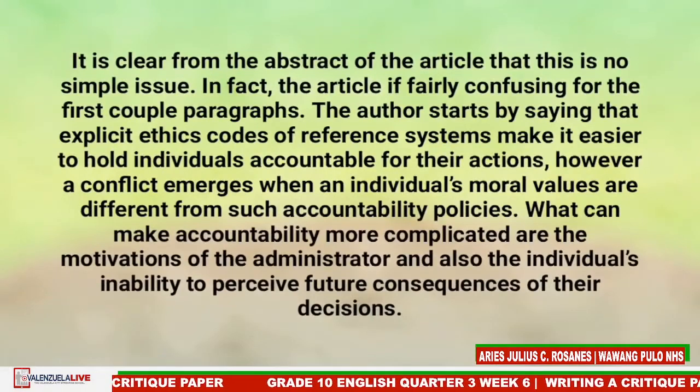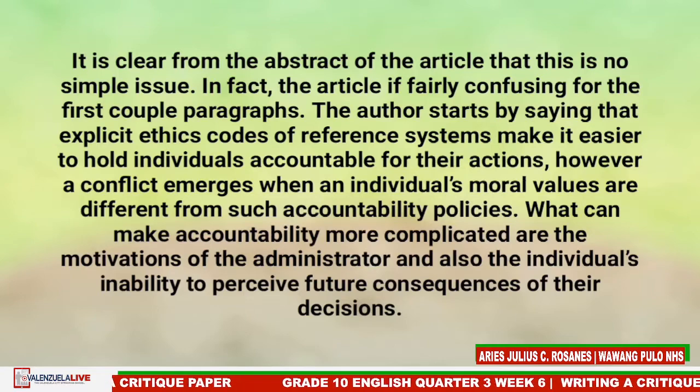It is clear from the abstract of the article that this is no simple issue. In fact, the article is fairly confusing for the first couple paragraphs. The author starts by saying that explicit ethical codes of reference systems make it easier to hold individuals accountable for their actions.